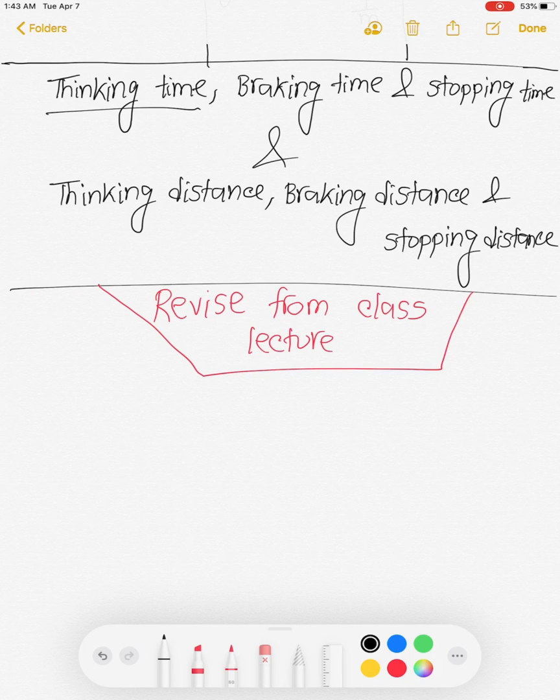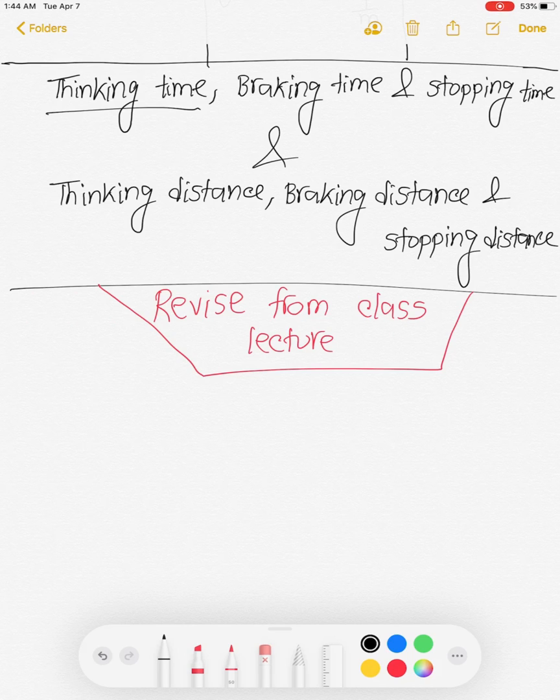So the time taken for him to think, that is from seeing the obstacle up to applying the brakes, will be thinking time. And the distance that will be covered during this time is called the thinking distance. It's that simple.